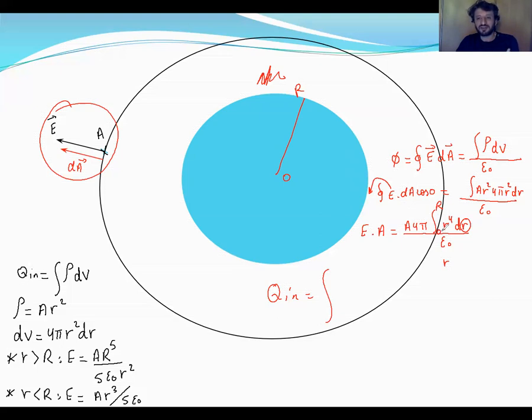Where can we find this charge? We can find it only in the limit between 0 and capital R. If we had a charge outside, we would have to put the limit to cover all the zone where we have a charge. So here the limit is between 0 and R.